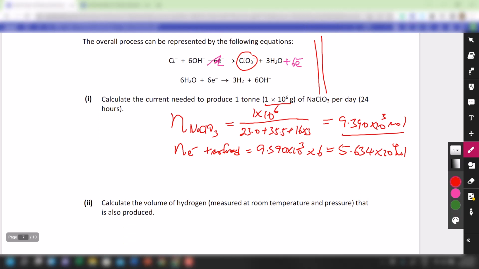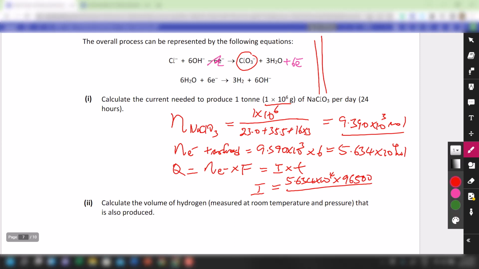Okay, so since we know that Q is equal to the number of moles of electrons transferred multiplied by Faraday, and this is also equal to current multiplied by the time, we can therefore calculate the current by equating the number of moles of electrons transferred, that is 5.634 times 10 to the power 4 multiplied by the Faraday constant, that's 96,500, divided by the time.